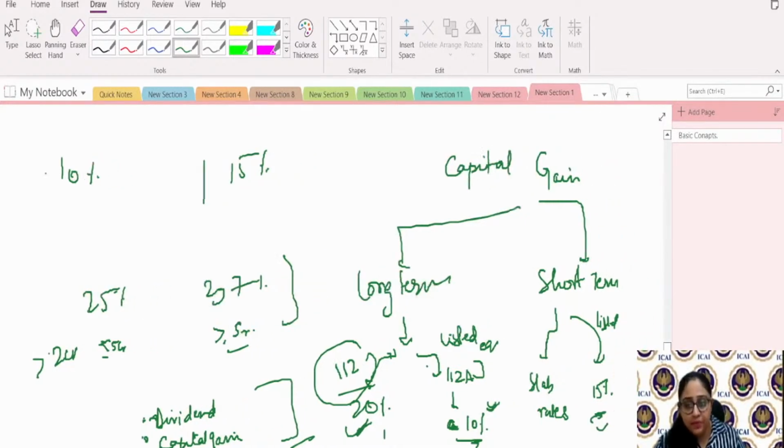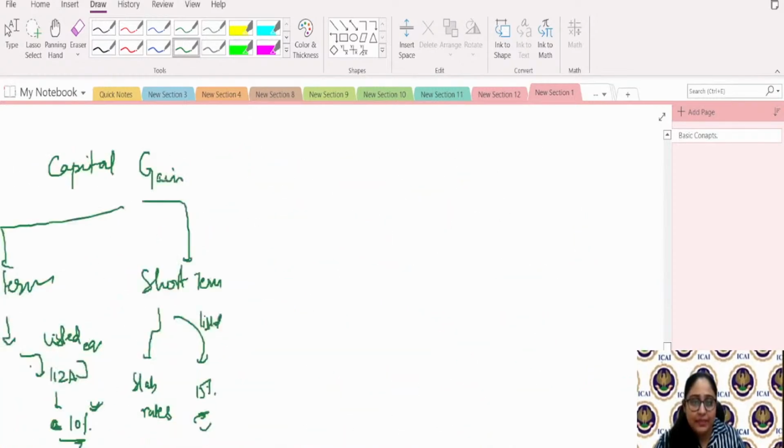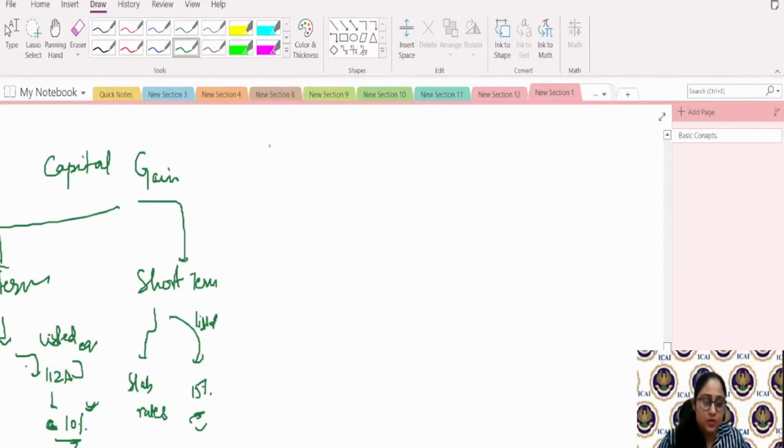So, let's take it example by example. There is an example on page 4.2 also, which you can refer to as homework, but I'll take it here. Right now the discussion is about surcharge, not tax.